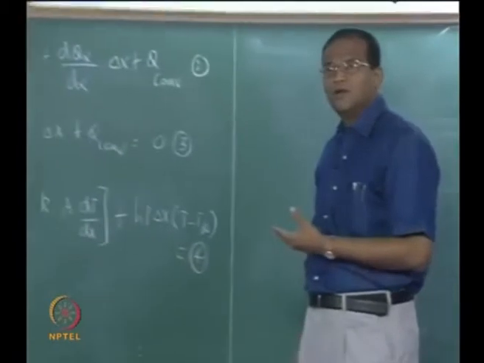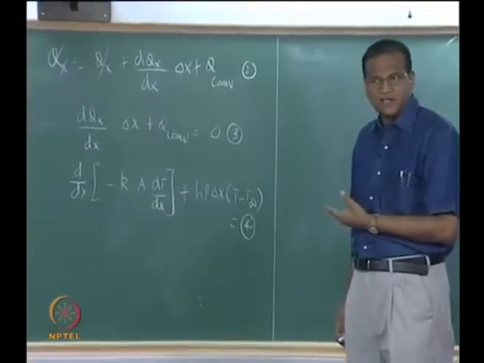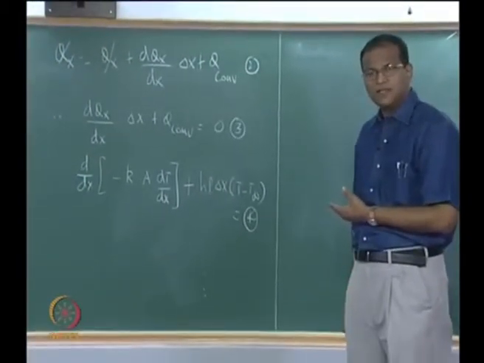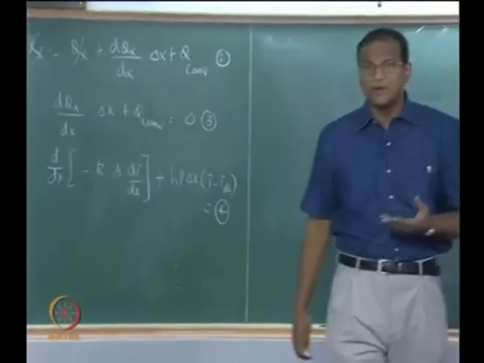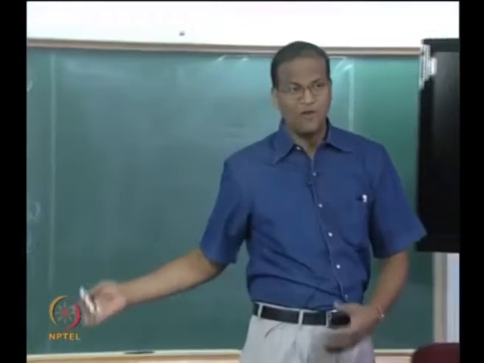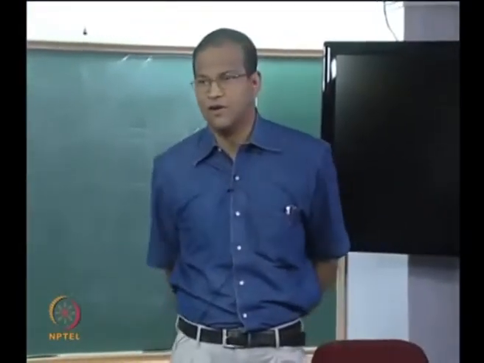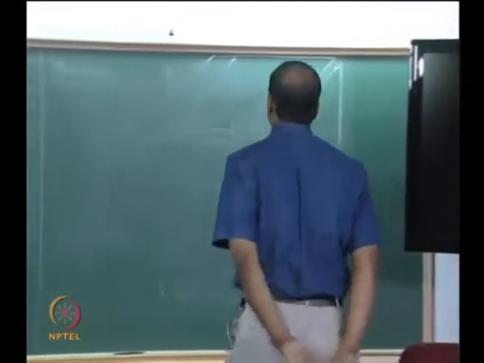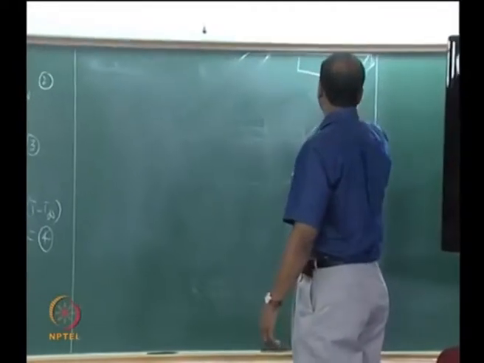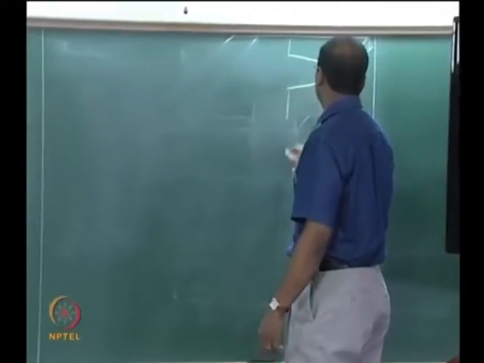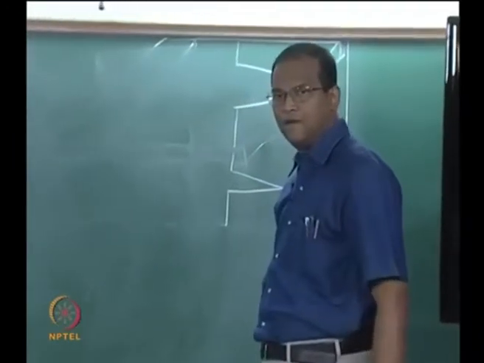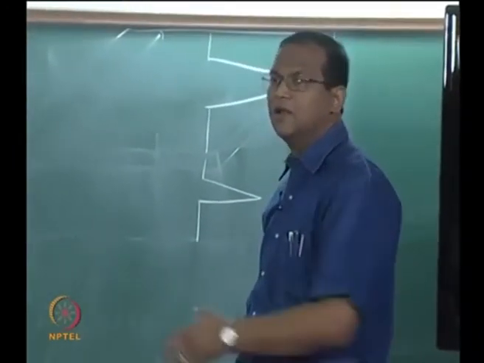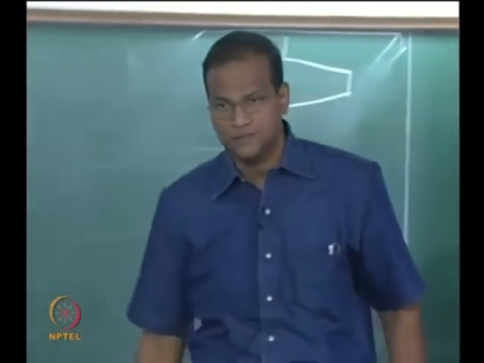So did we say that K is a constant? Yes. A is a constant? A may not be constant, but for our consideration we have taken a rectangular fin of a constant cross sectional area. But suppose I have a fin like this, or I have a fin like this, then I am in trouble, but that will lead to Bessel function.